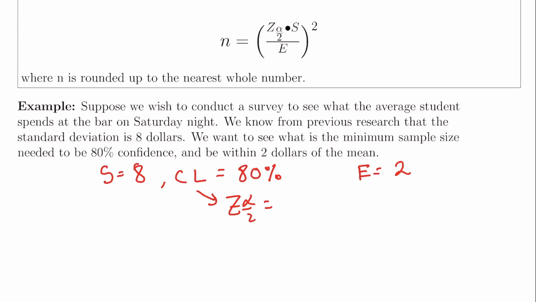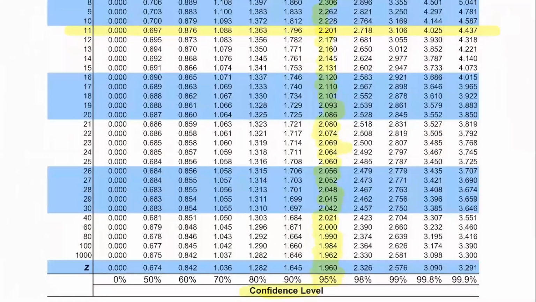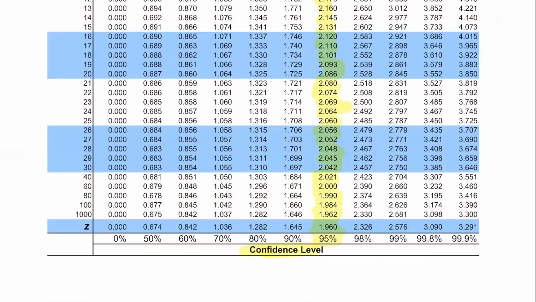Right now, I'm going to use a t-table, and that t-table is going to give me the Z value. If you remember, the confidence level was 80%. If you look right above 80%, you get 1.28.